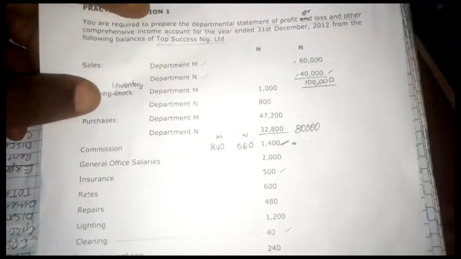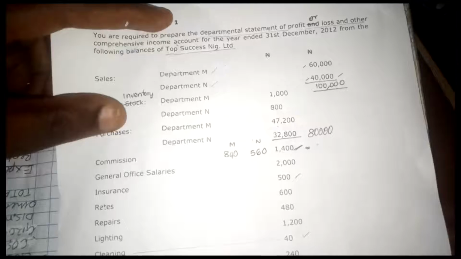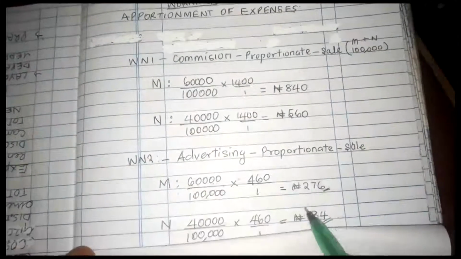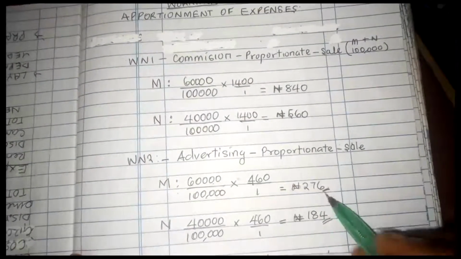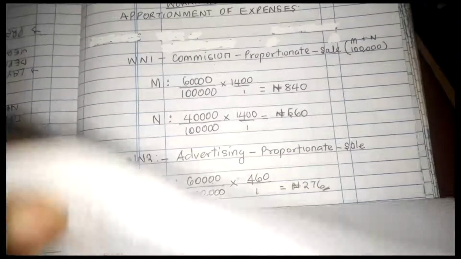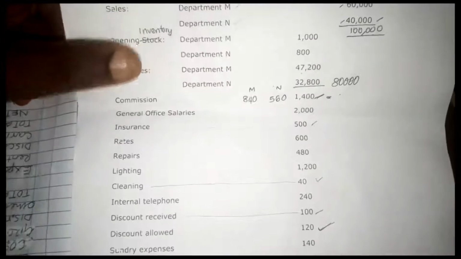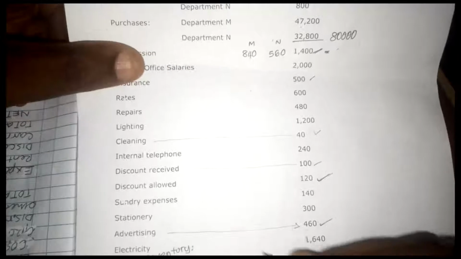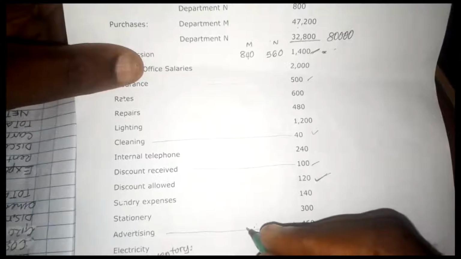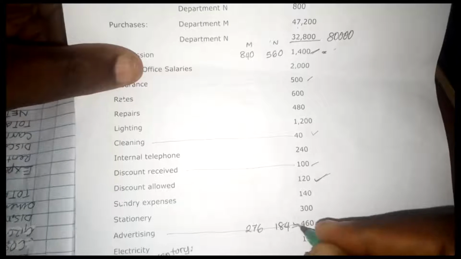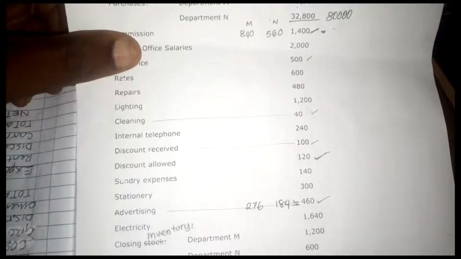Can you see what I've done? Then I will pick advertising. Advertising is 276 and 184. So I will look for advertising quickly in the exam. There is no time. Advertising is 276 and 184. Okay, class.